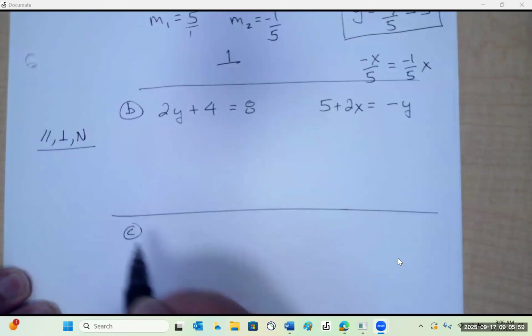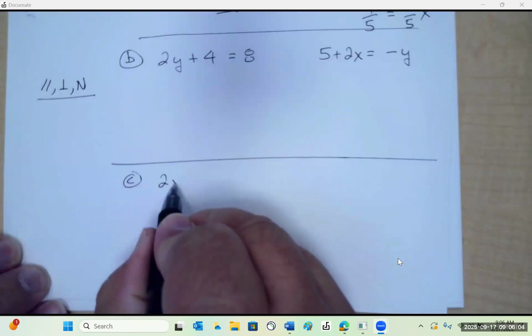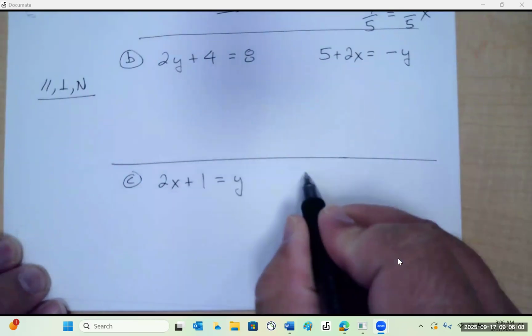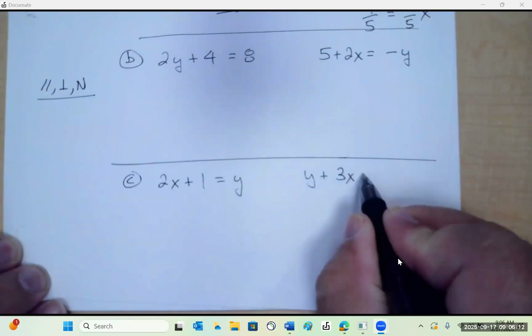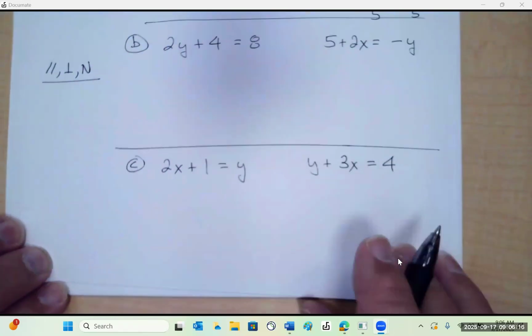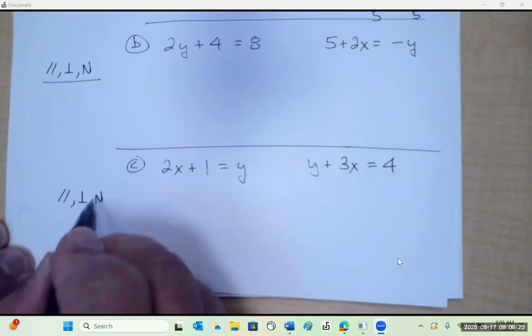Actually, I'll put the next two up there. So we have 2x plus 1 equals y. y plus 3x equals 4. Tell me if they're parallel, perpendicular, or neither.